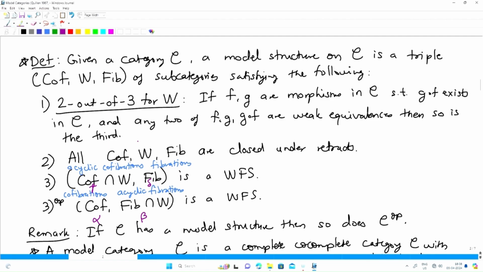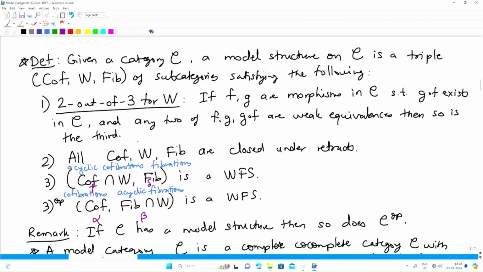If you add more morphisms in E, then there will be fewer morphisms in M. If you add more morphisms in M, then E will decrease. So E and M are in a tight situation. So M is determined entirely by E, or vice versa, E is determined by M.